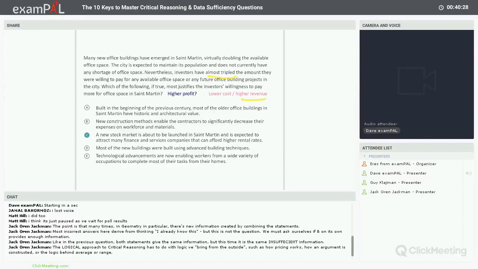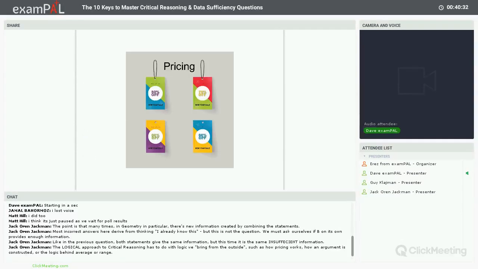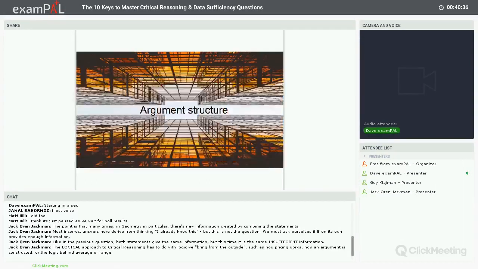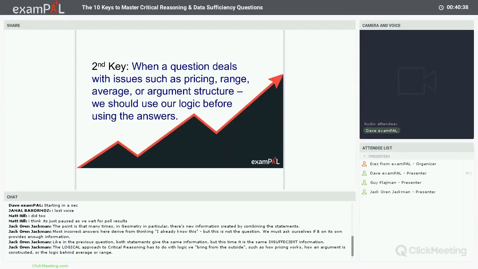We're much better off figuring out exactly what we're looking for before we let these actors speak. And that way we won't be fooled. So our second key is: when a question deals with issues such as pricing, range, argument, argument structure, or average, we should use our logic before using the answers.